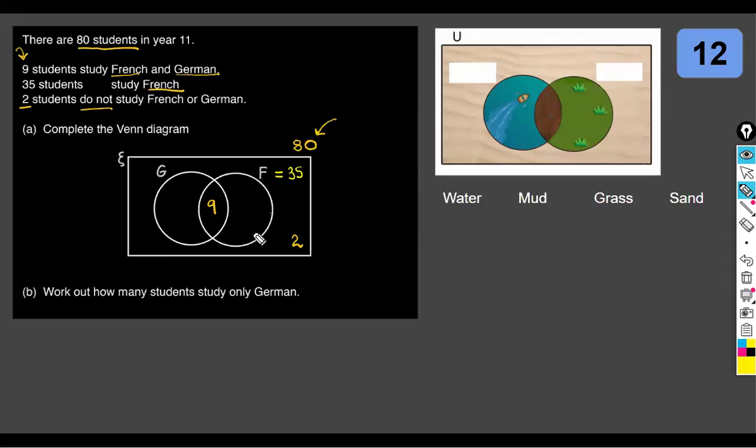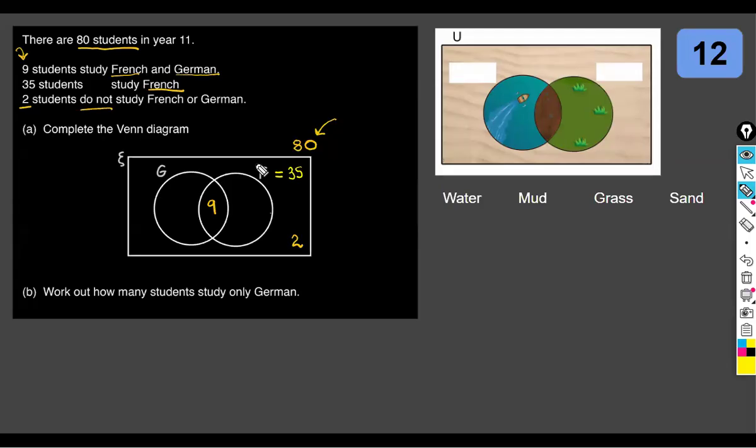I believe last week I mentioned that if you put a value just outside a shape, it represents the value of the entire shape.